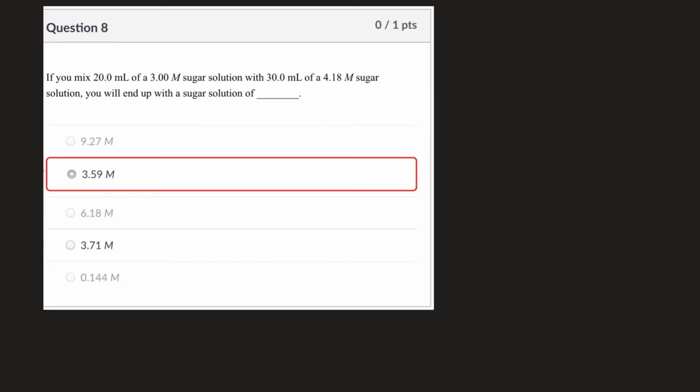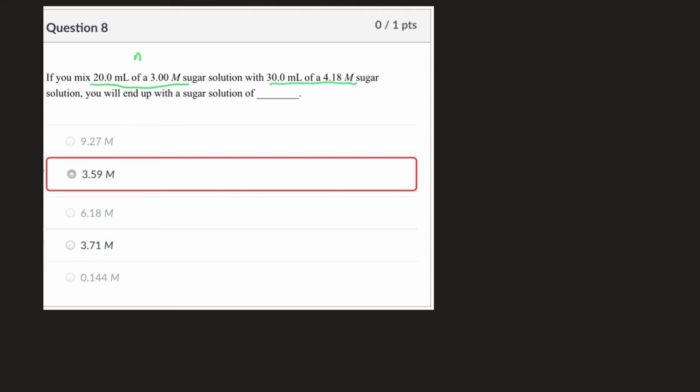Question: if you mix 20 mL of a 3 molar sugar solution with 30 mL of a 4.18 molar sugar solution, you'll end up with a sugar solution of what? So what you have to do with this one is you need to take these and figure out moles.